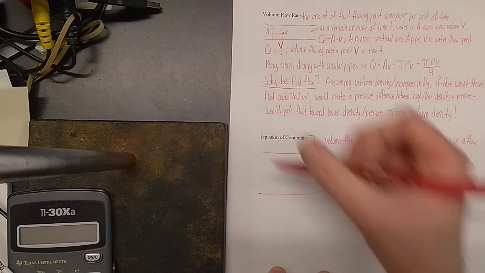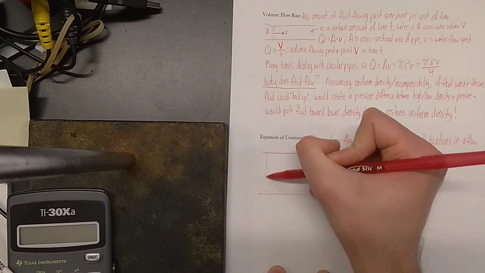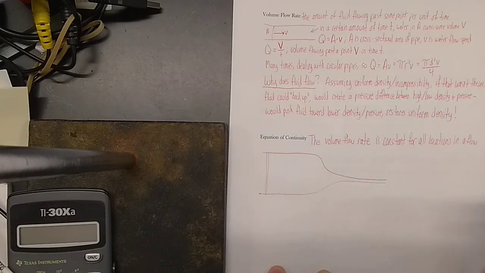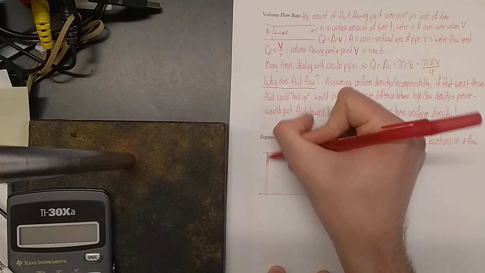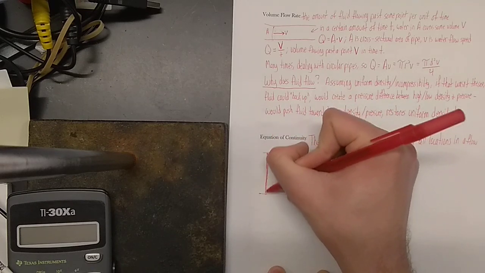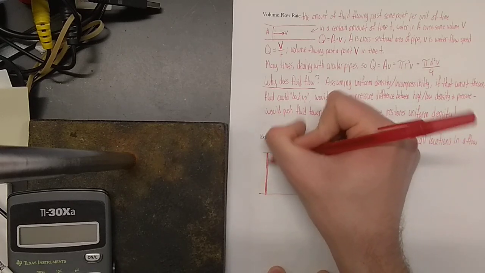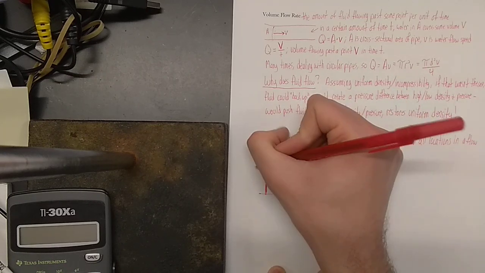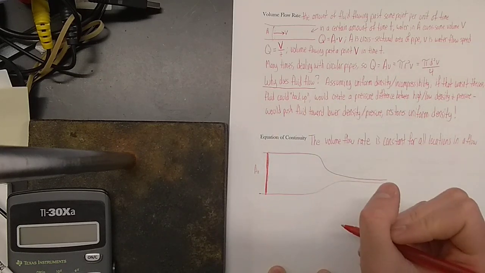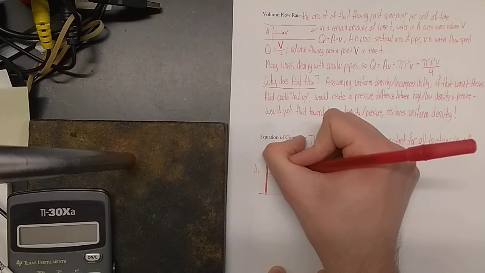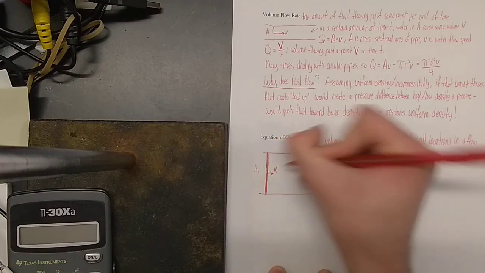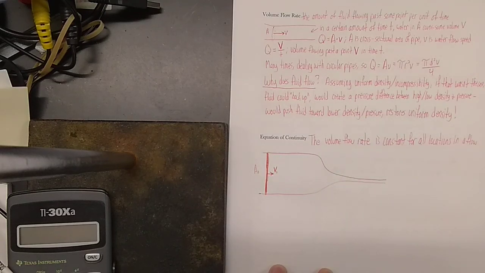Okay. So let's say we have some very tiny, very skinny area here. We've got some volume of fluid right here. And in this section of the pipe, this volume of fluid is in a section of pipe with an area of A naught, and it's got a speed of V naught.